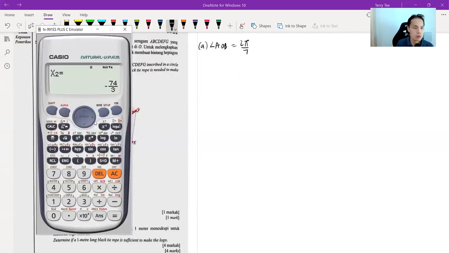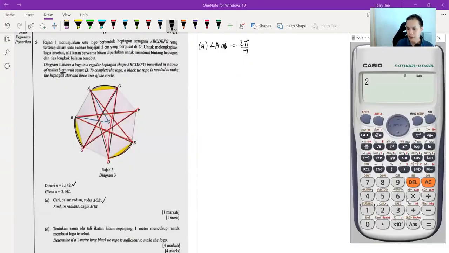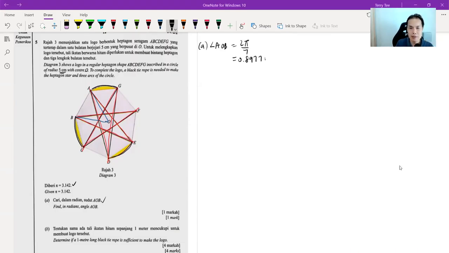So 2 times 3.142 over 7, and I got 0.8977. This angle is 0.8977 radian.